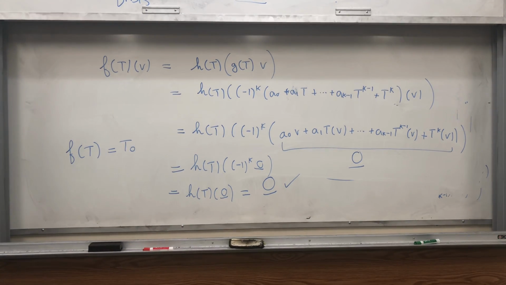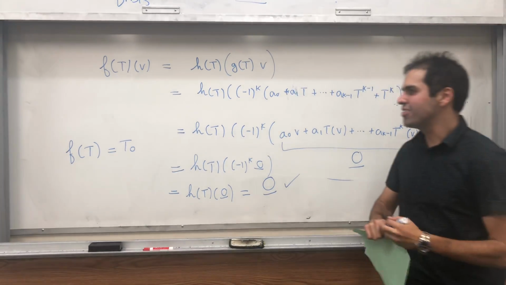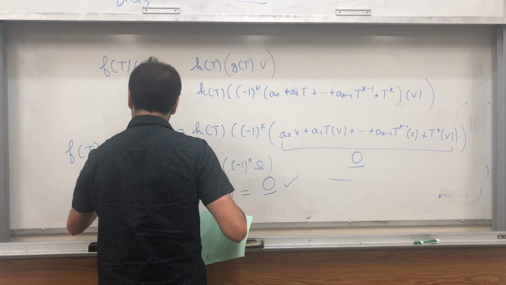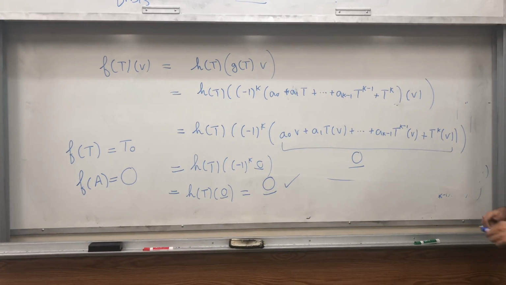And then just by choosing bases, considering maybe the left multiplication transformation, then if you put brackets on them, you do get that for any matrix A, f(A) is the zero matrix. In other words, the matrix satisfies its characteristic polynomial.